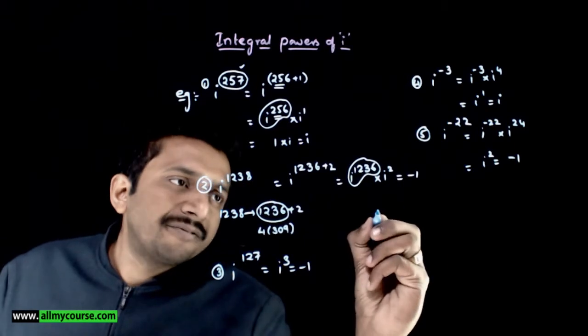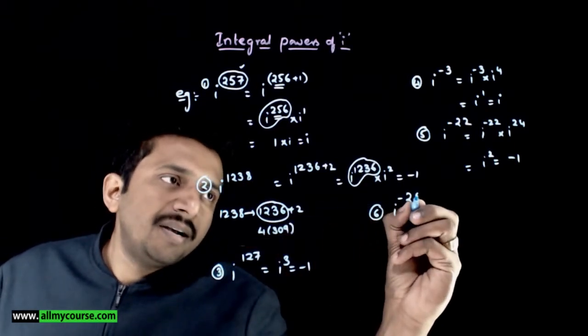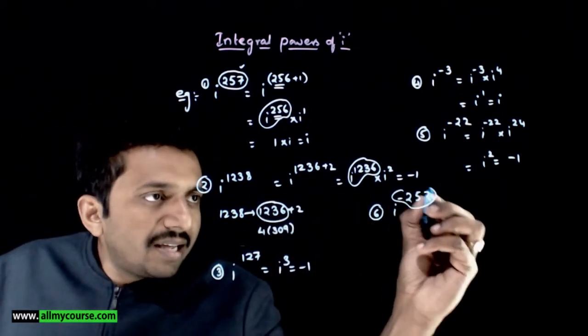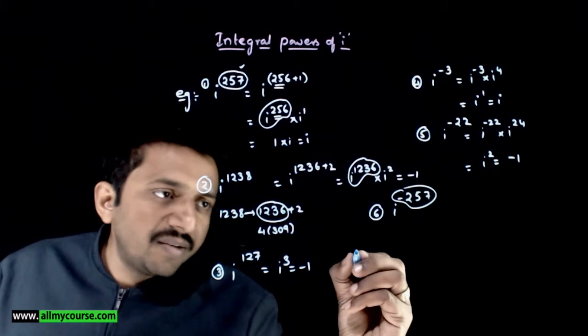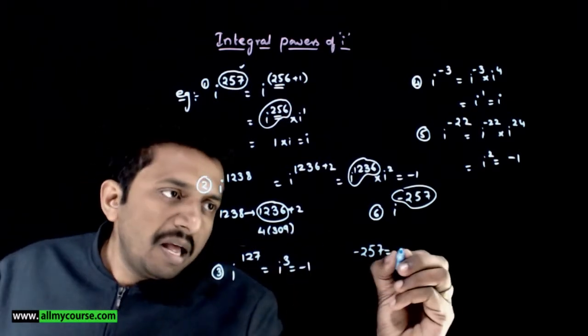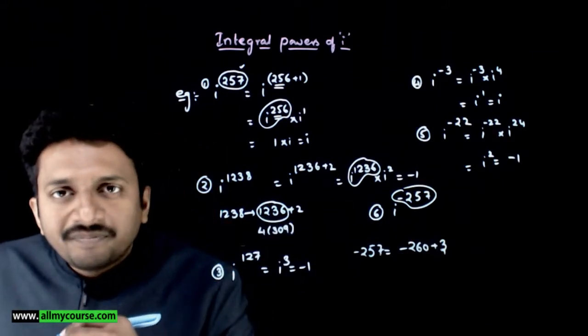So if you have i power minus 257, what can I write minus 257 as? Minus 257 can be written as minus 260 plus 3, right?